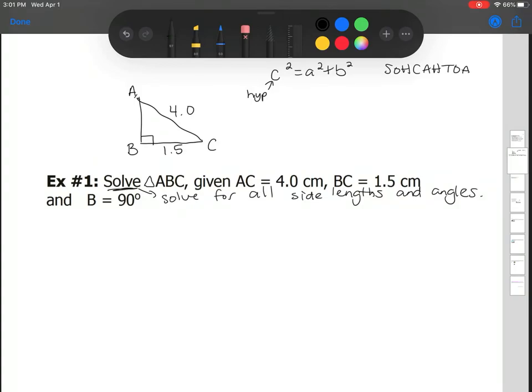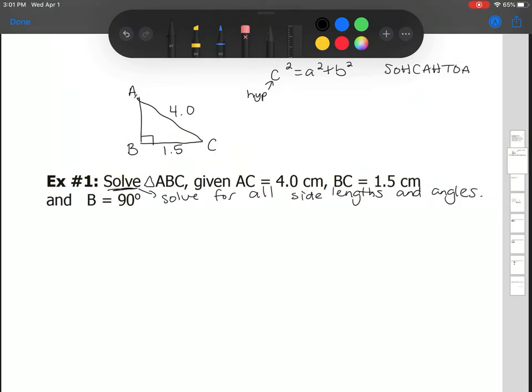If you're going to use that, which is fine, then make sure that you're doing that there. I'll use SOHCAHTOA first, and then maybe we can see what the Pythagorean theorem is going to give us.